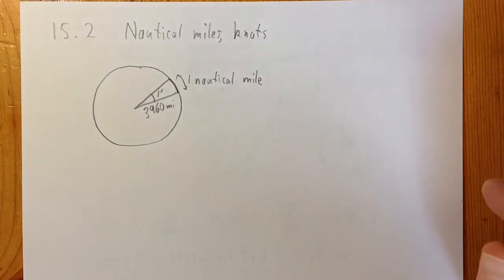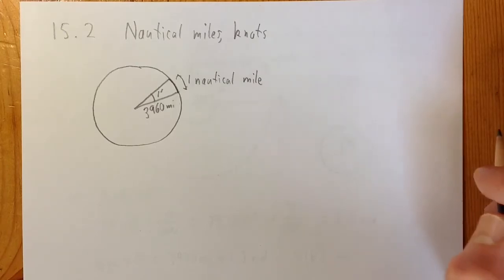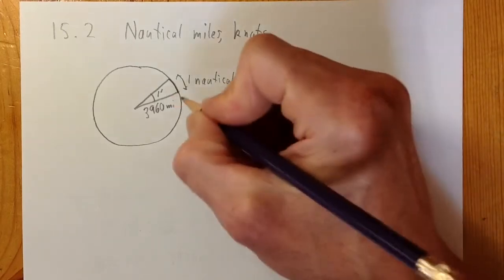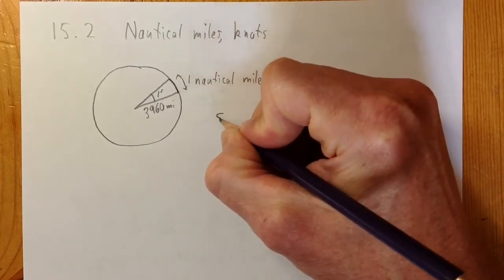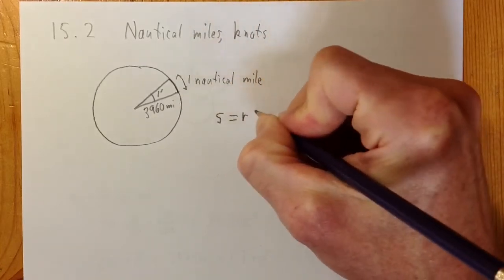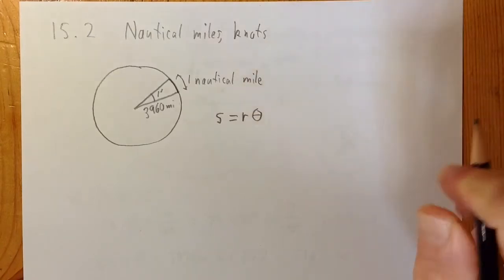Okay, they want to know what a nautical mile is to the nearest 10 feet. So I guess they want us to convert that into feet. We know that the arc length S is R times the angle, if the angle is in radians.